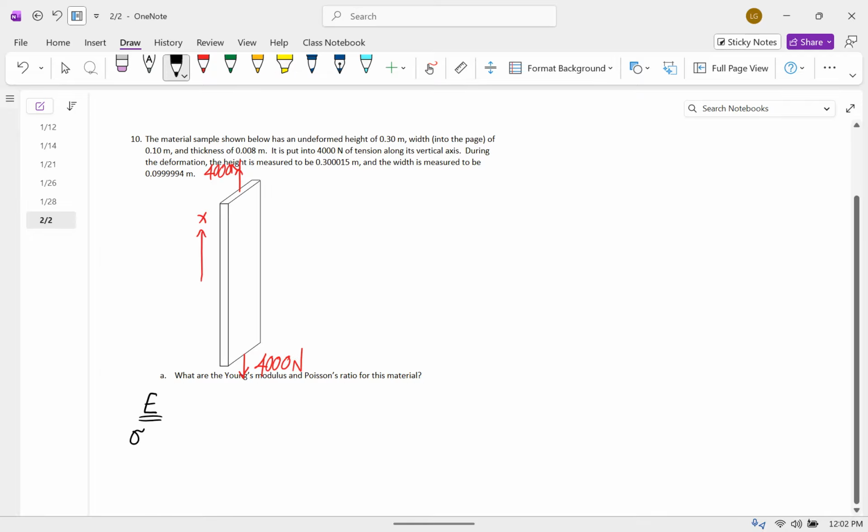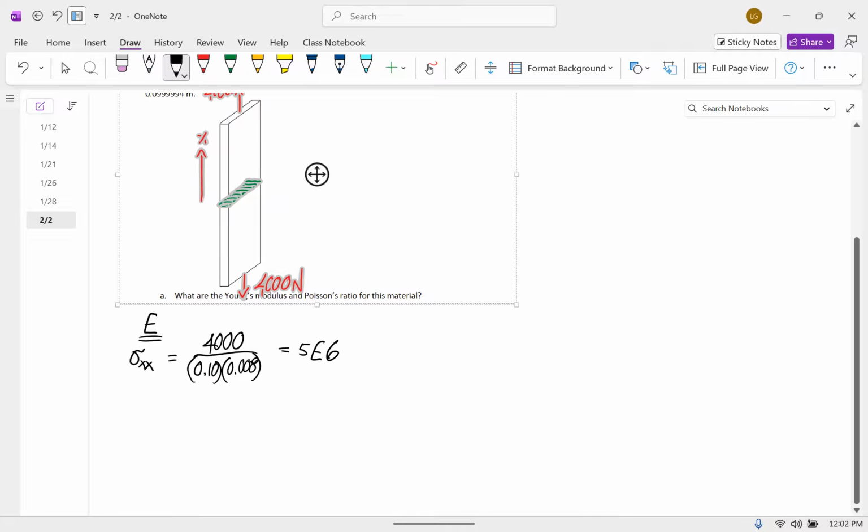So for that, we need the XX normal stress, which is the force divided by the cross-sectional area, and this is the cross-sectional area that we care about. So that has one dimension of 0.1 and one dimension of 0.008. So that's 5 times 10 to the 6.